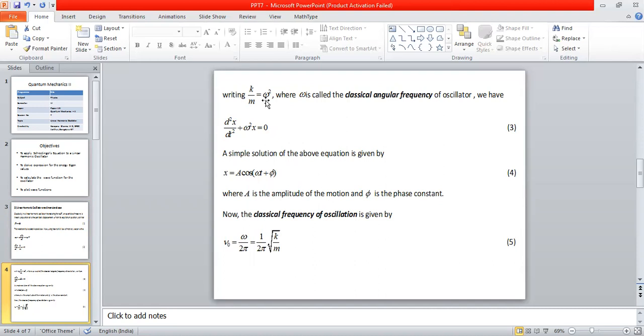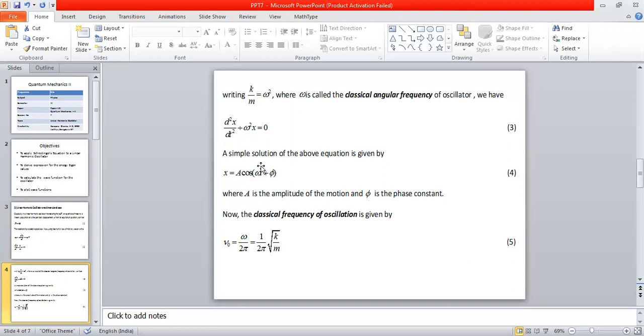So in terms of ω², the previous differential equation, equation 2, can now be written as d²x/dt² + ω²x = 0. Now the equation has come to a standard form, and this standard differential equation has a standard solution.